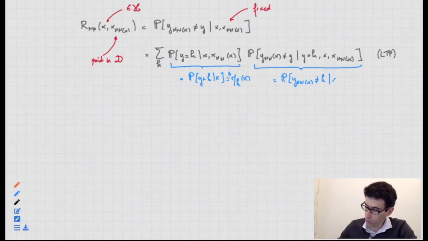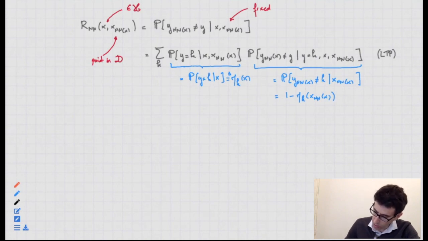But again, if you know the nearest neighbor of x, the model that generates our labels and our feature vectors tells you that once you know the point, you're generating the label conditioned on that point, but independently of everything else. So that takes a simple expression. And this is nothing but 1 minus eta k of the nearest neighbor of x.